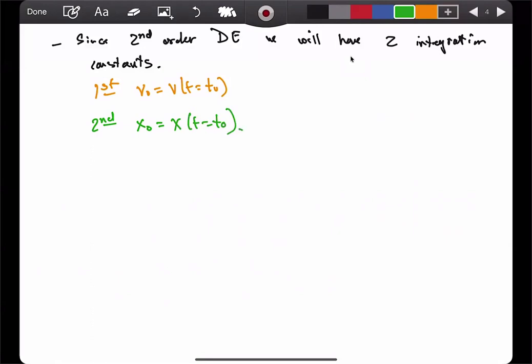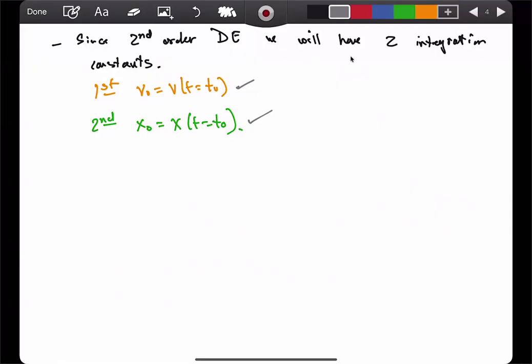So basically, again, all it boils down to is we have to solve a second order differential equation, which in a lot of cases, we can break up into integrating once to get the velocity as a function of time, and then integrating again to get the position as a function of time, where we pick up two integration constants, the first one being the velocity, and the second one being the position.